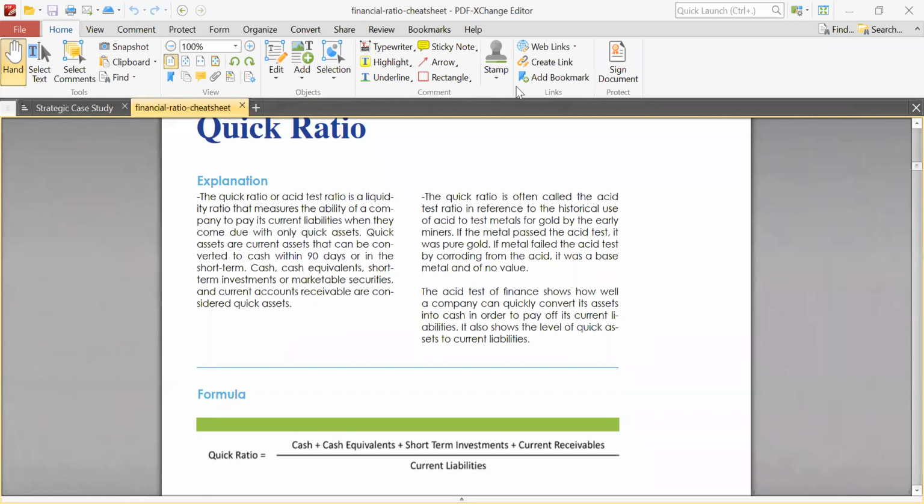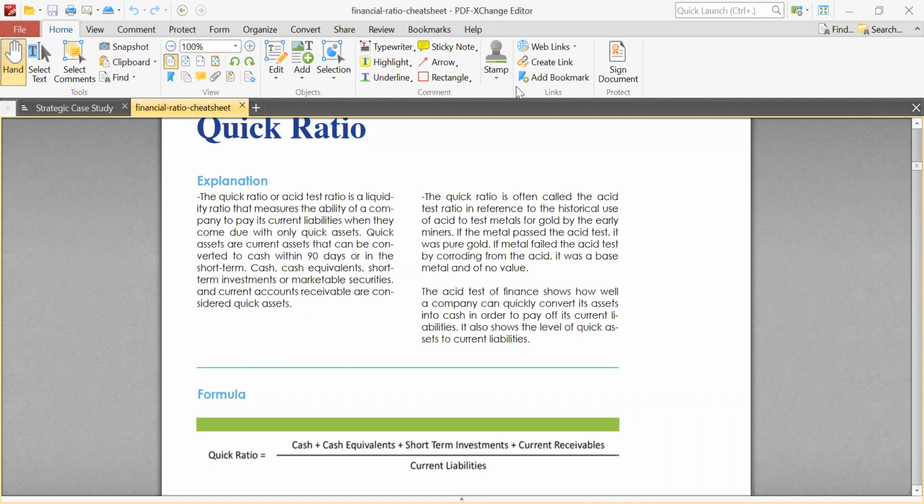The reason it's very key is that it looks at how best the organization can pay for its current liabilities using its most current assets. When we say an asset is current, we generally mean it has a lifespan of a year. If it's non-current, it has a lifespan of more than a year.